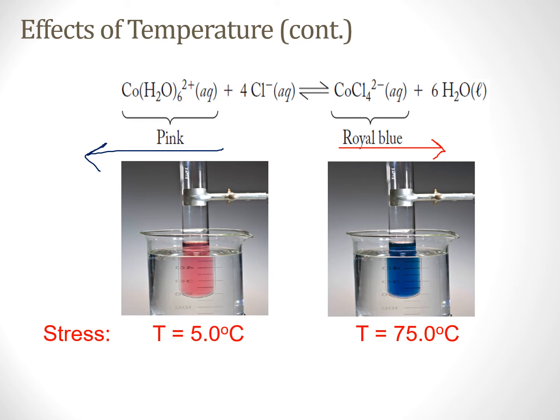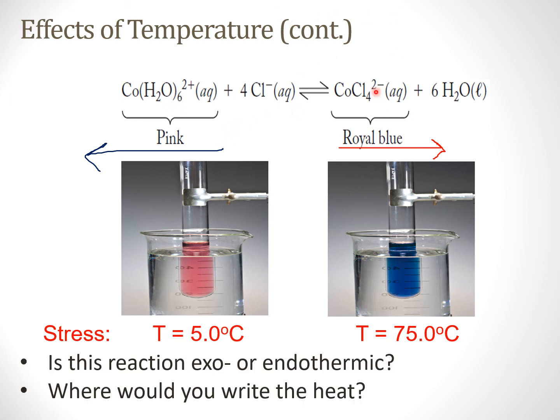If I would increase the reactant, I would see a shift in this direction. If I increase the heat, I see the same effect. This tells me that heat has to be one of the reactants. So heat is written on the reactant side. That means that the reaction is endothermic.